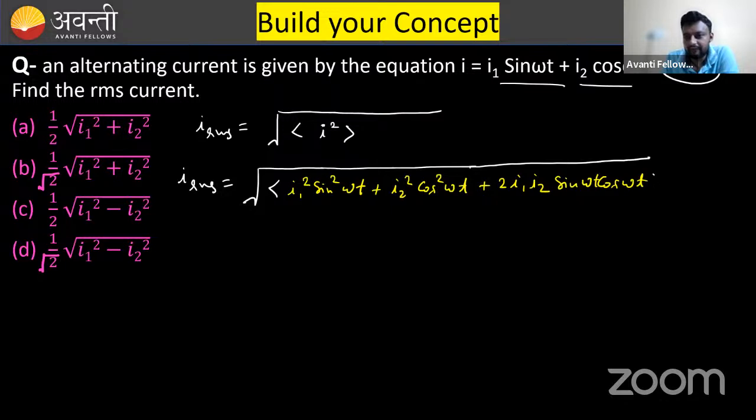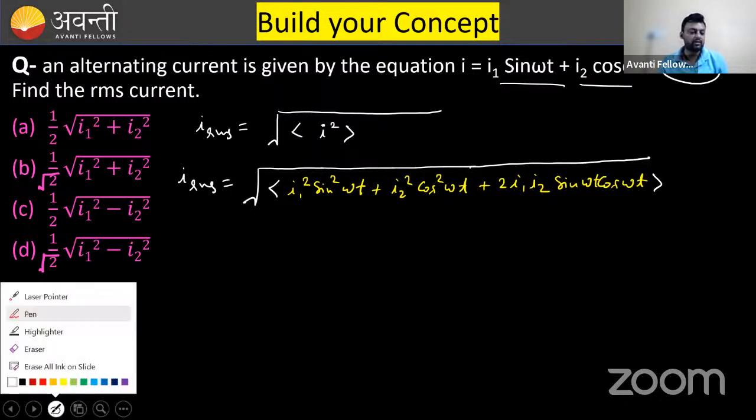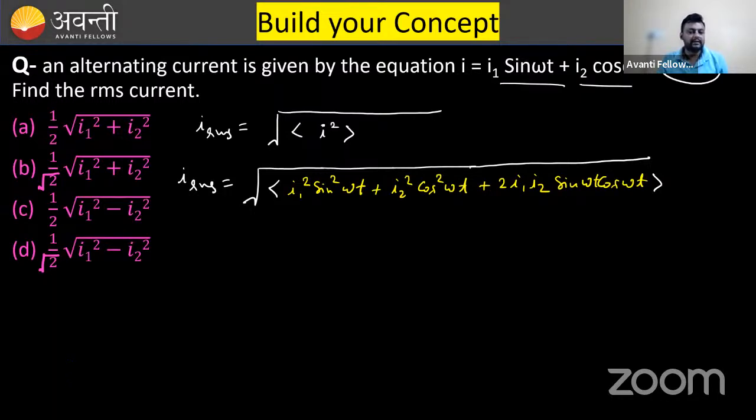And this is saying average of these values. Now, if you remember from the previous classes or the basic concepts, the average value of sin square theta and cos square theta is 1 by 2. If you don't know, I am writing it here. Average value of sin square theta and average value of cos square theta is 1 by 2. Clear?